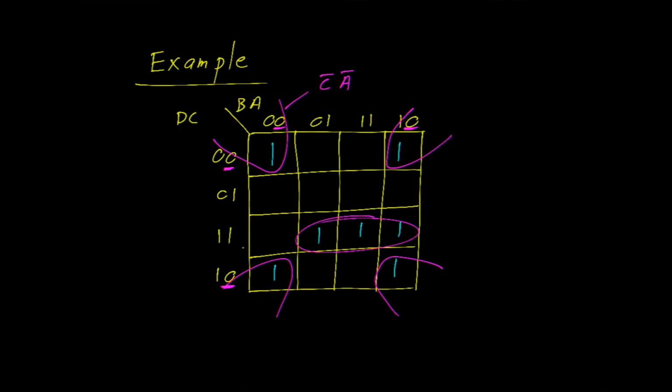Remember, you can't circle 3 minterms. It would have to be 2 or 4. So let's choose this circle and this circle. This piece is described as D, so that's the D rows, C naught column.